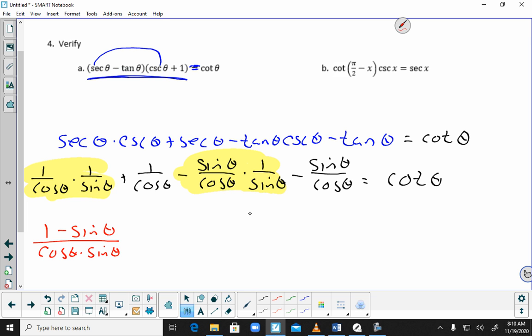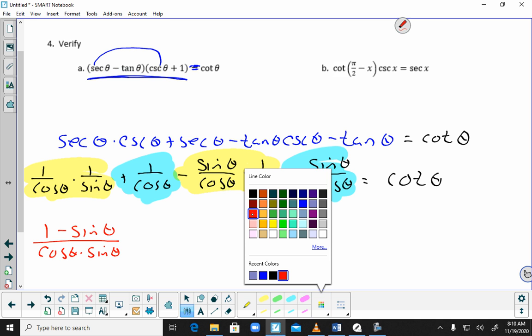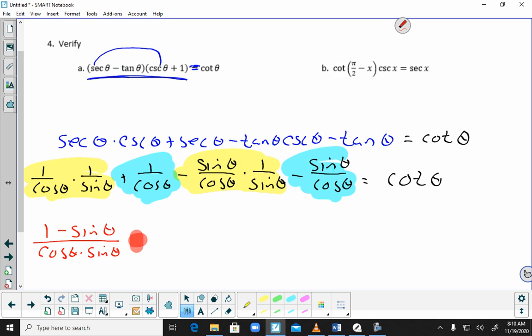And then these two have a plus cosine. So I'm going to write those two together. So this will be plus 1 minus sine theta over cosine theta. And I'm trying to show that that's equal to the cotangent of theta.